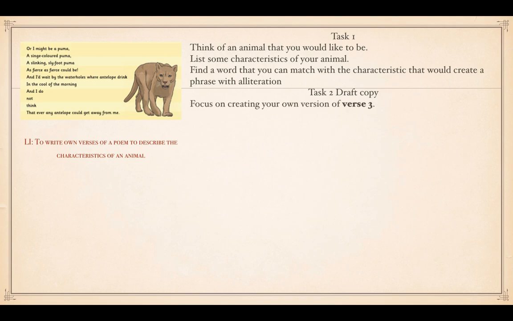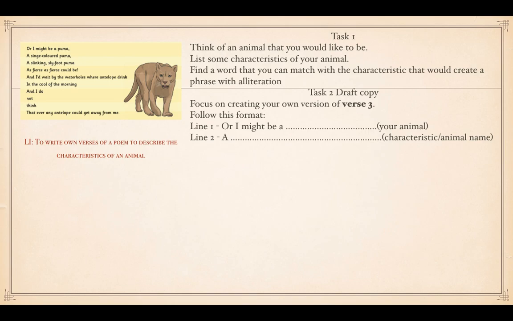Task 2 is your draft copy. So focus on creating your own version of verse 3. So follow this format. You're just going to reproduce or copy the structure of verse 3 in the poem. So line 1, you need to start with "I might be a", and then you choose your animal. Put your animal in that space.